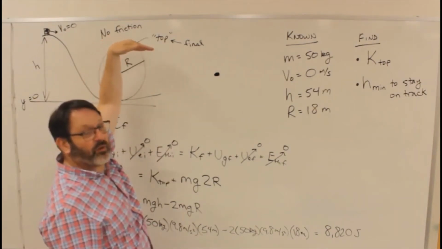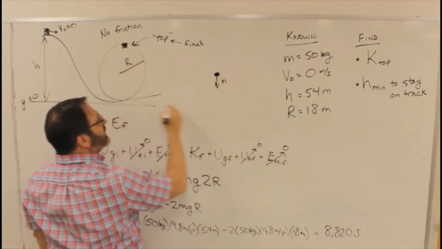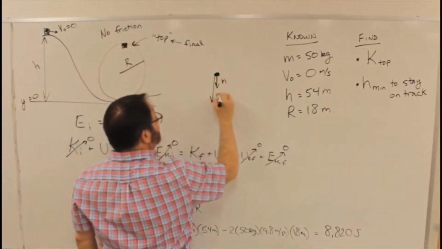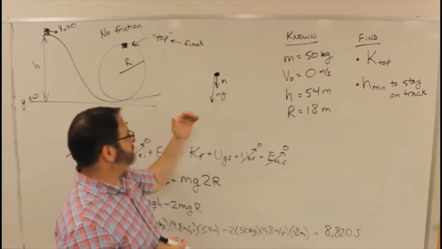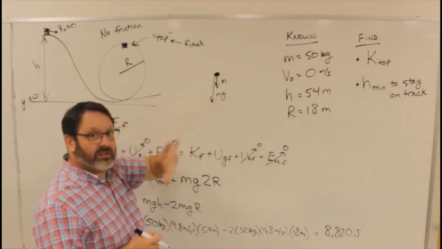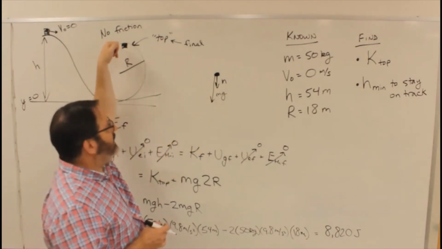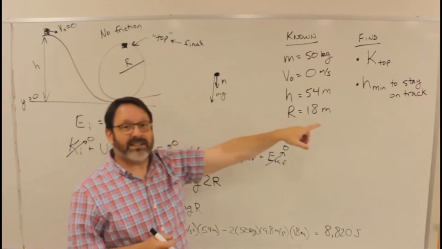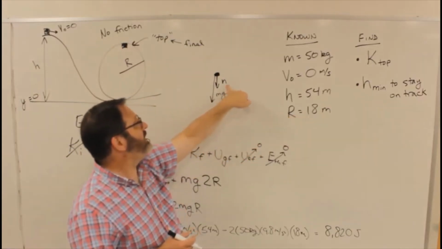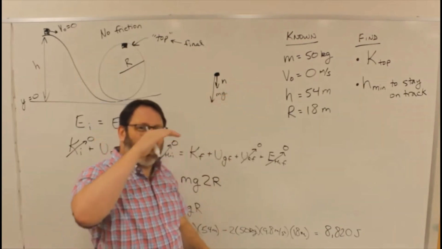So the normal force from the track is pushing down on it. It's also got gravity pulling down on it. Normal force and gravitational force are the only two forces that are affecting it at this point. Now, for it to just barely stay on the track, that would mean normal force is near zero. So it's just barely touching.